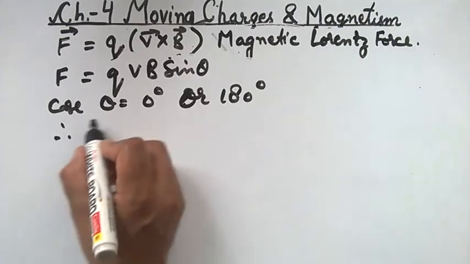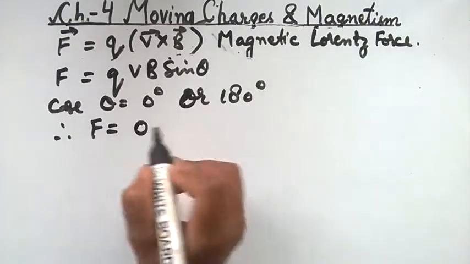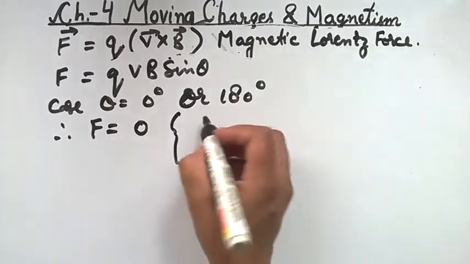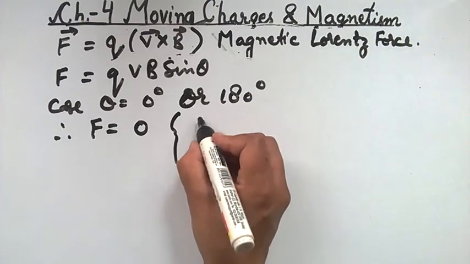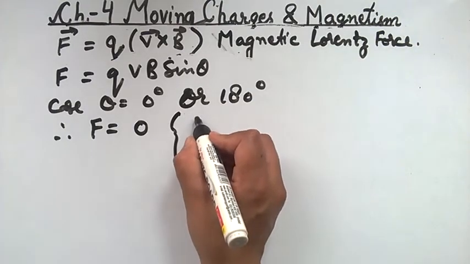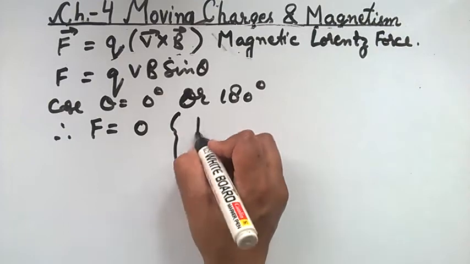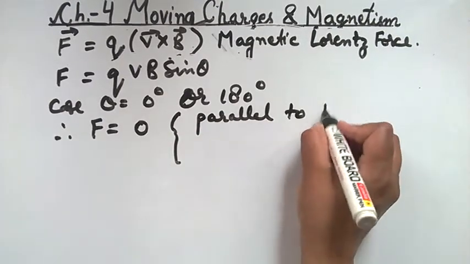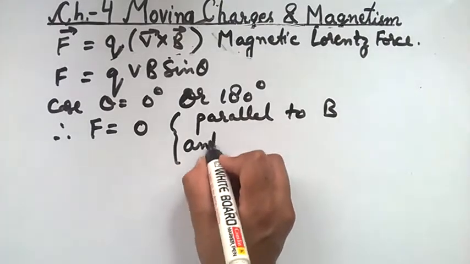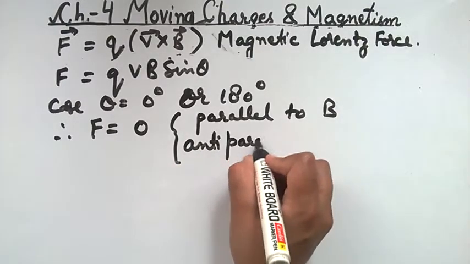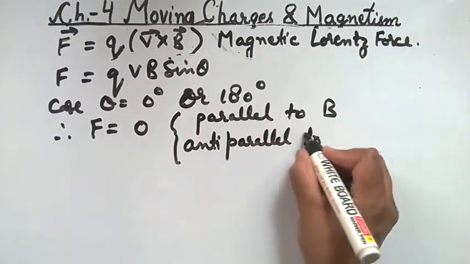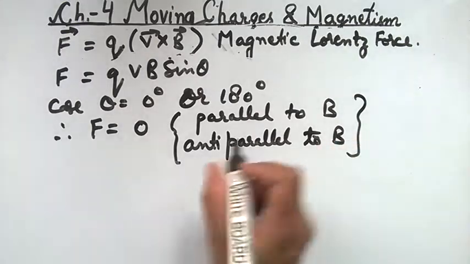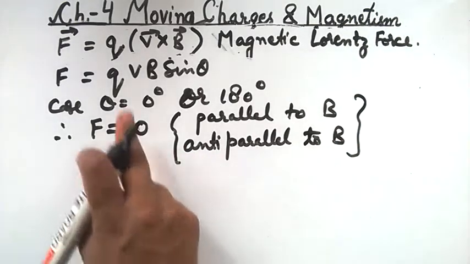Therefore, force experienced by a charge is 0. That is, if charge is moving parallel to magnetic field or anti-parallel to magnetic field, there is no force experienced by charge.